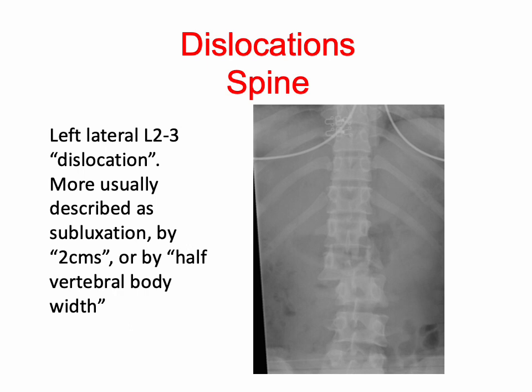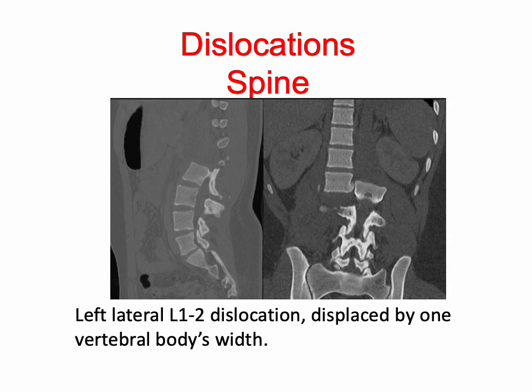There's dislocation or subluxation at L2-3 here, and you can describe it in terms of degrees of vertebral body widths, and then complete dislocation at L1 and L2, and obviously your spinal canal is going to be disrupted by this.